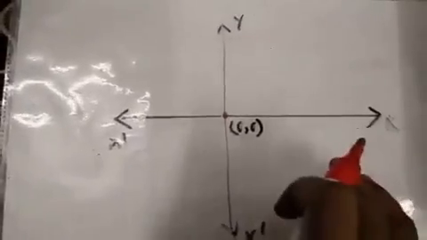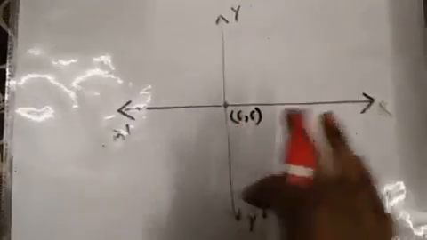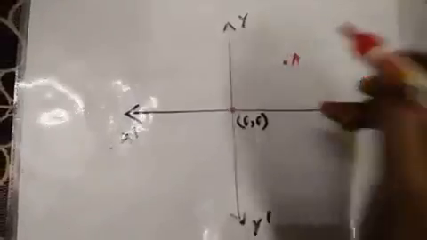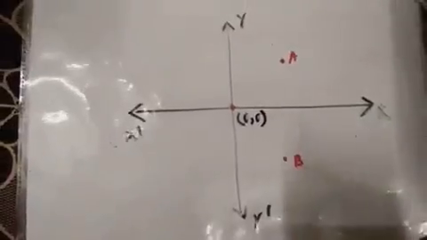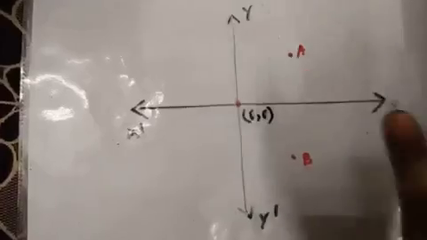See, when you try to understand this concept, first you should learn how to visualize the concept in your mind. Okay? For example, if I say point A is here and point B somewhere, anywhere you can take, I'll just take point B here. Done? Now if I want to find the distance between them, there are n number of ways.